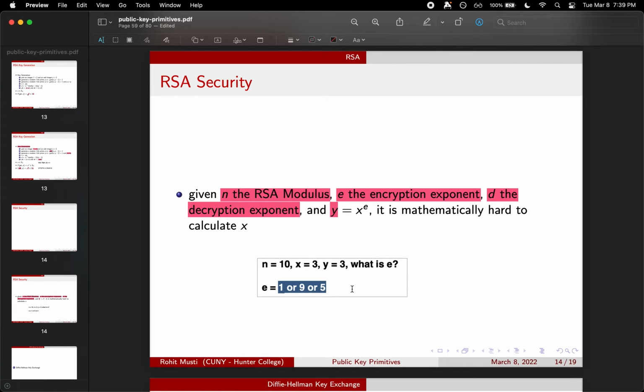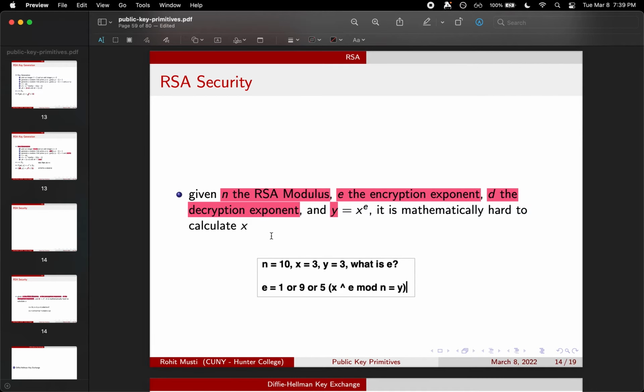Any of these numbers works, because x to the e mod n equals y. 3 to the 1 mod 10 equals 3, 3 to the 9 mod 10 equals 3, and 3 to the 5 mod 10 equals 3.